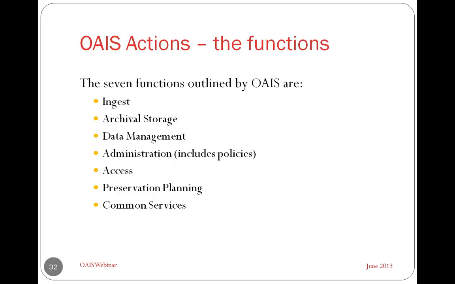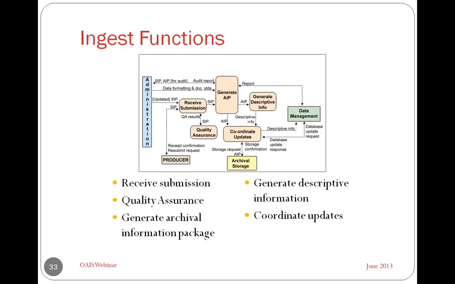Now, the 7th function, the bottom one, Common Services, includes the supporting services that must be in place for computer systems to operate and perform properly, such as backup and exception handling. While common services are necessary for an OAIS to function, they're not really a major focus of the reference model. The reference model focuses on the other 6.